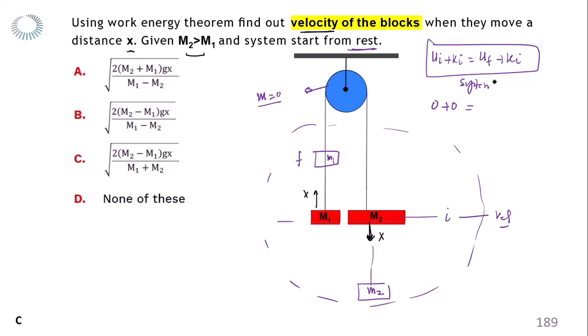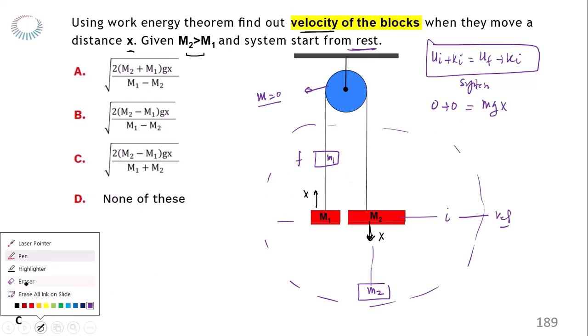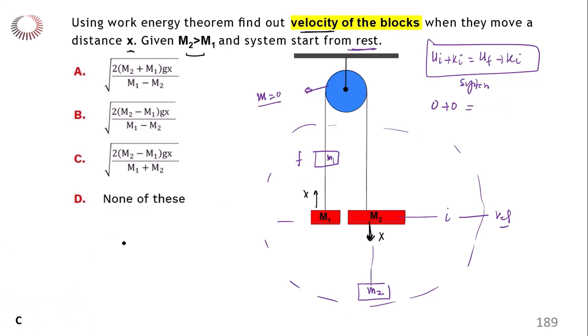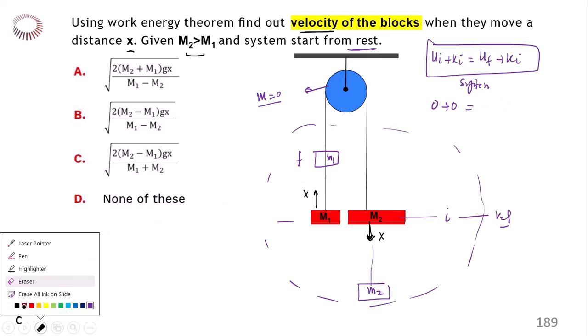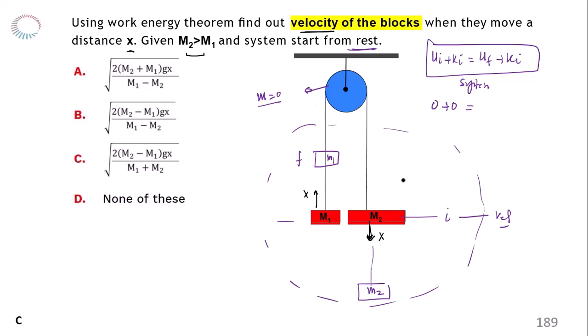So for m1 it is positive: m1 g x. For m2 it is moving downward from the reference line, so it is minus m2 g x. That is the system's potential energy.